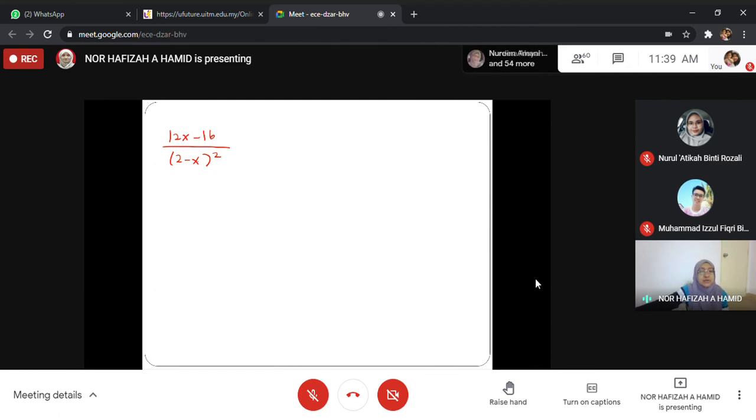Here you need to determine which case it is. 2 minus x to the power of 2 is linear and repeated, so this is considered case 2. For case 2, the general form of the partial fraction is A over 2 minus x, plus B over 2 minus x to the power of 2.